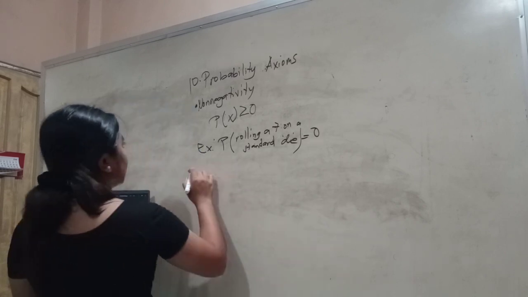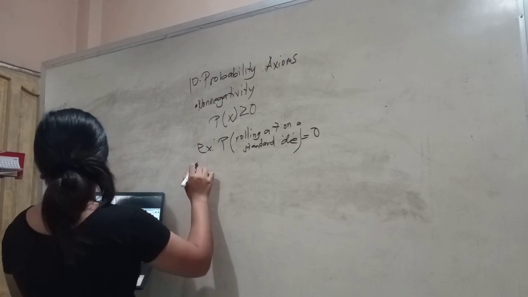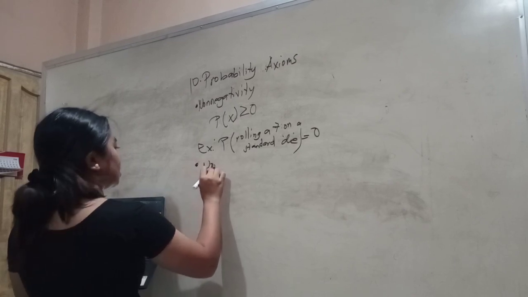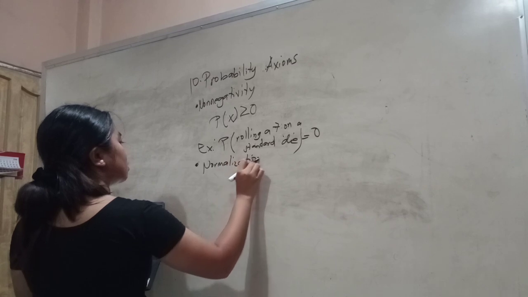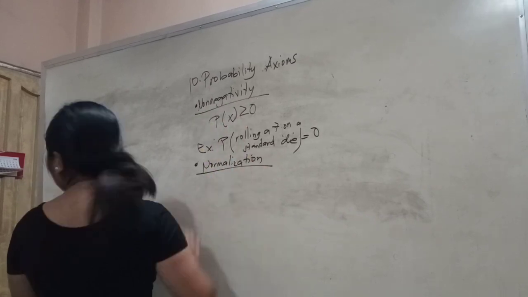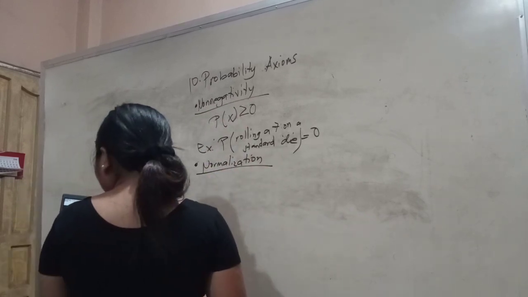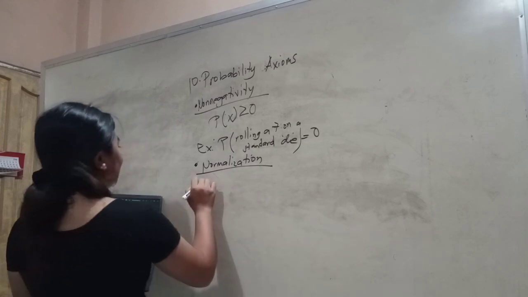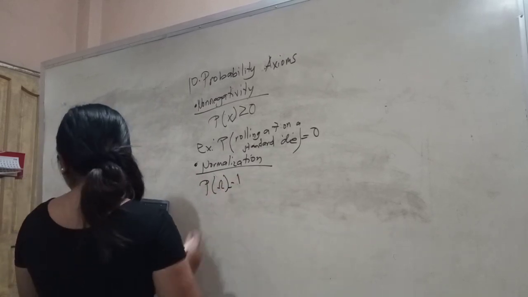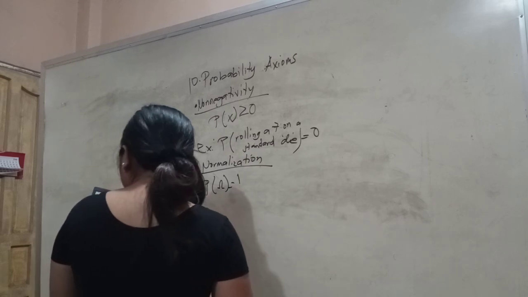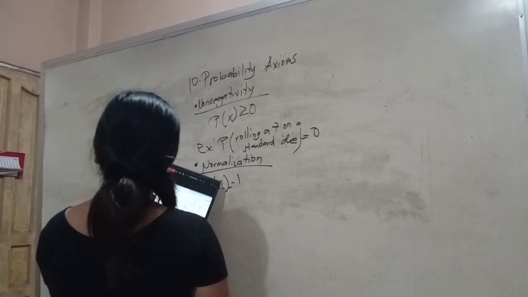The other one is normalization. The probability of omega is equal to 1. So the probability of the entire sample space is 1.